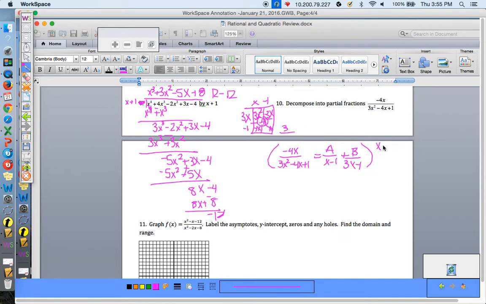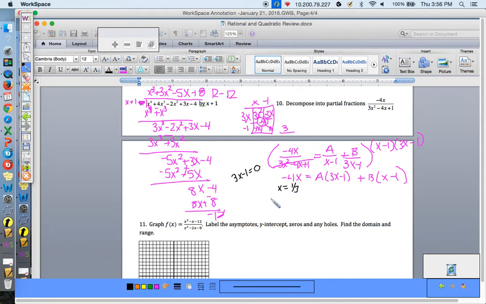Fraction bust, so we have x minus 1 times 3x minus 1. So now we have negative 4x equals A times 3x minus 1 plus B times x minus 1. And then this is where we said, well, what makes this 0? Well, when x is 1/3, because we want to know when does 3x minus 1 equal 0.